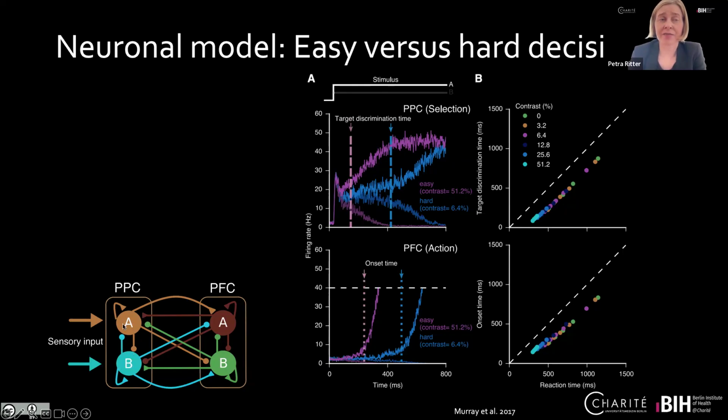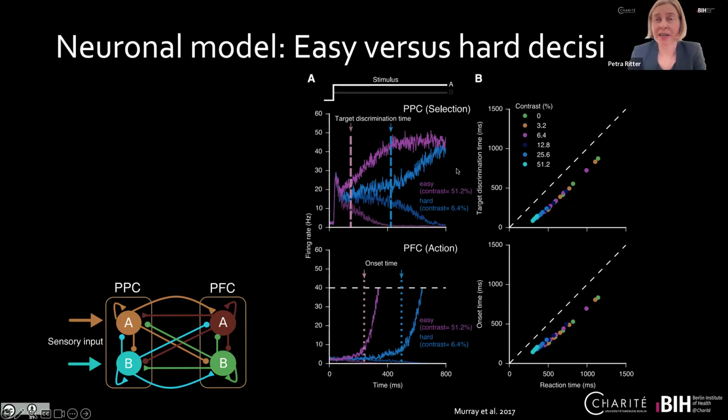And then very quickly, the population that receives the larger input will ramp up. And the same happens in the prefrontal cortex. They're one team, they're mutually exciting each other, but they're also inhibiting the competitors. And this will then suppress the competing population, and they will decrease their activity.